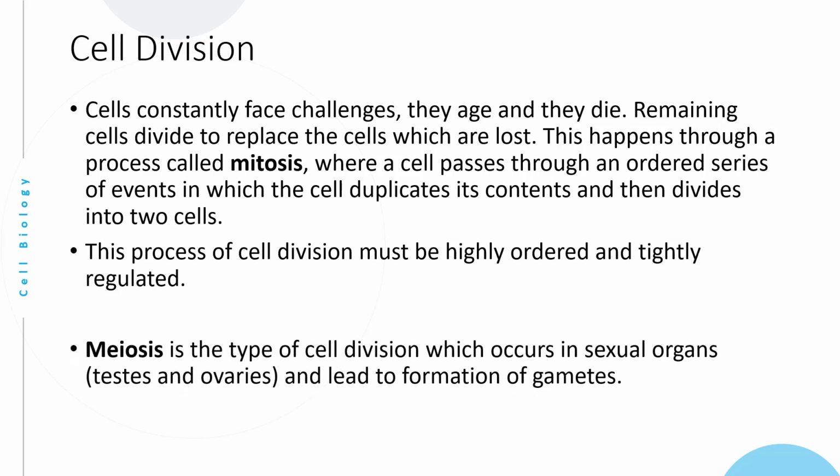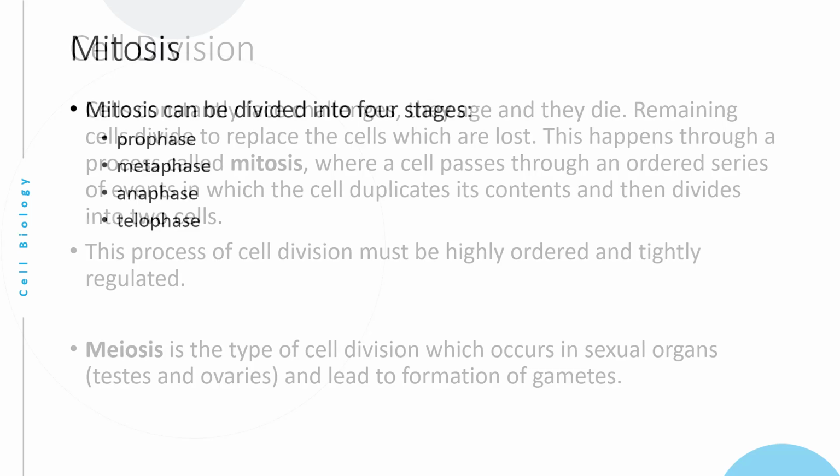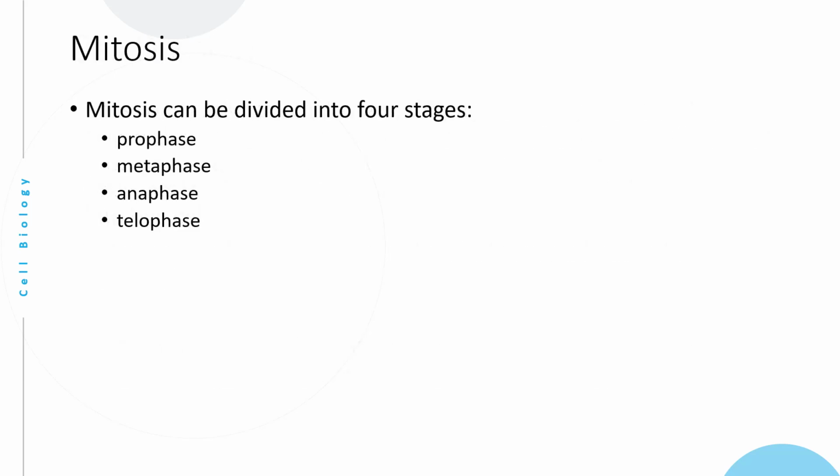Meiosis, on the other hand, is the type of cell division which occurs in sexual organs like testes and ovaries and leads to formation of gametes. Mitosis can be divided into four stages: prophase, metaphase, anaphase, and telophase.